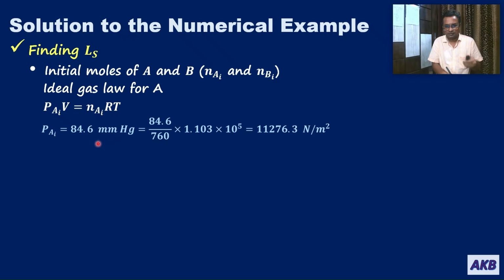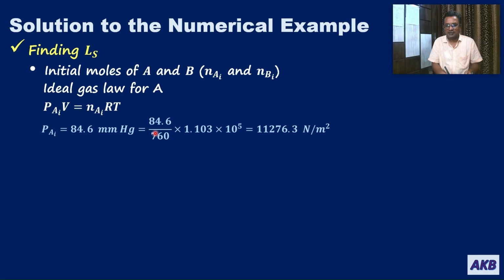But the unit for pressure will decide the value of R. If I have to use R as 8314, the pressure has to be in Newton per meter square. So I have done the conversion. PAI is 84.6 mm of Hg.